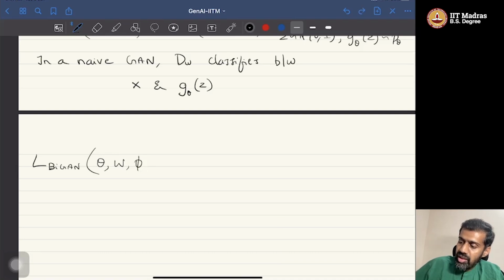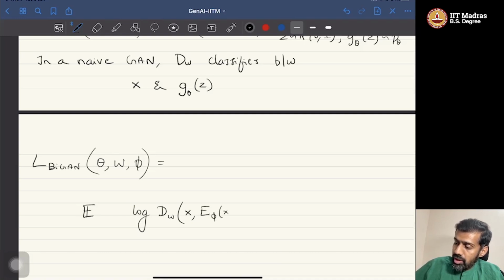It is equal to the expectation of log of D_w. Now D_w takes two points: x and the encoded x.